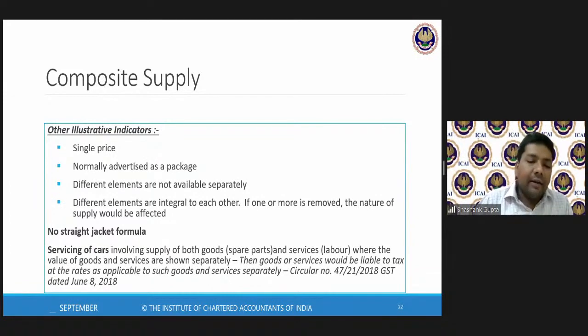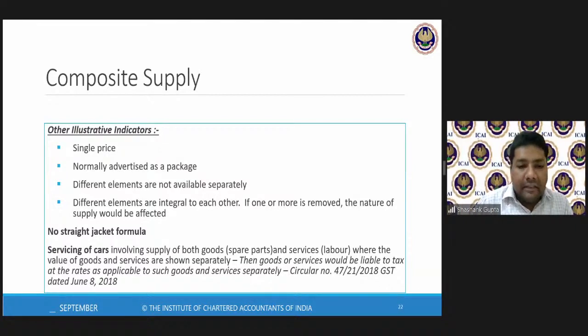And the government clarified that servicing of cars involving supply of both goods and services, where the values of goods and services are shown separately, then goods or services would be liable to tax at the rates as applicable to such goods and services separately. So basically, the government has reinforced that it is absolutely fine as long as you're separately billing each item and separately taxing it. No problem at all.